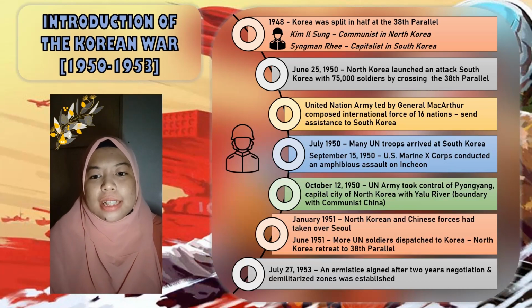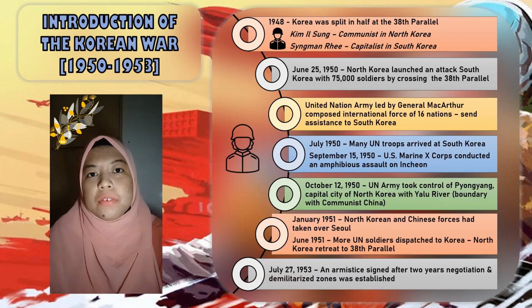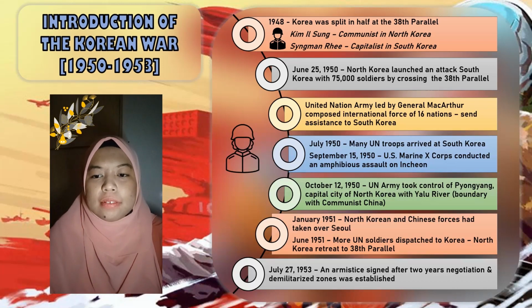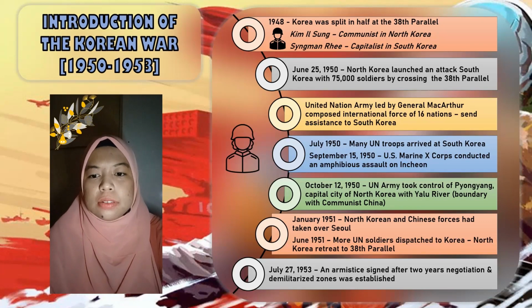The Security Council requested North Korea to remove its troops, but it received no response. As a result, permission was given for a UN army led by General MacArthur and composed of an international force of 60 nations to send assistance to South Korea.